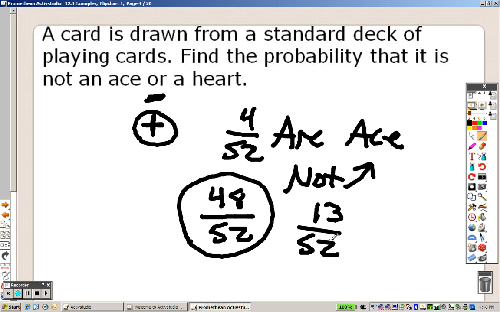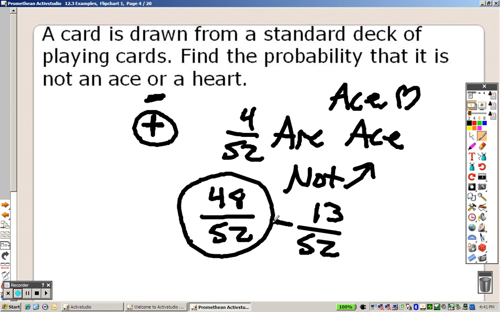Now, here's the problem. Find the probability it is not an ace, which is 48 out of 52, or a heart. Well, you have to find out what they have in common. What do they have in common? The ace of hearts. I counted it in one and I counted it in the other.